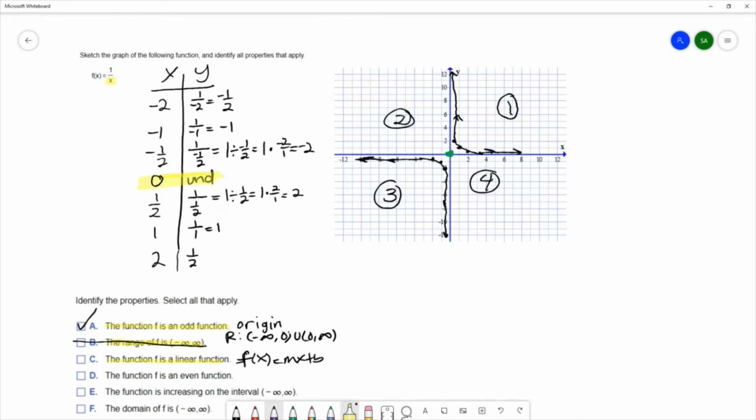And so we would not select that property. The next property says the function f is an even function. For a function to be even, the graph needs to have y-axis symmetry. And y-axis symmetry is when you have a mirror image over the y-axis. So anything on the right of the graph needs to have a mirror image on the left. And you can see that quadrant 1 and quadrant 2 do not mirror each other, so we would not select the property that this is an even function.